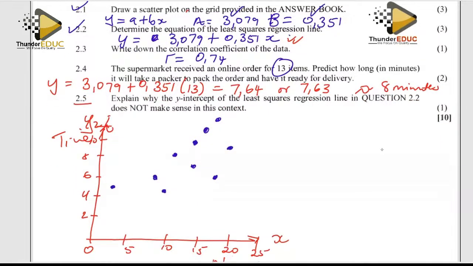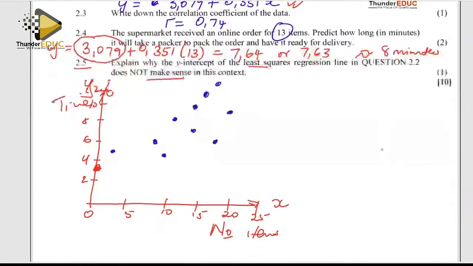Then explain why the y-intercept of this line does not make sense. So the y-intercept, which is 3,07 something, why doesn't it make any sense? It simply means that if we have an order with no items, it is going to take us 3 something minutes to arrange that order.